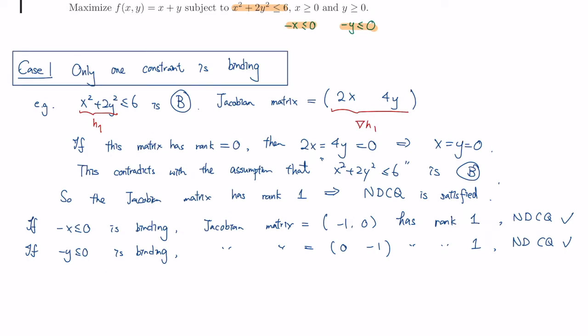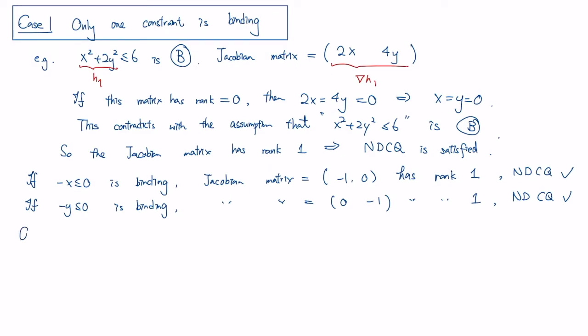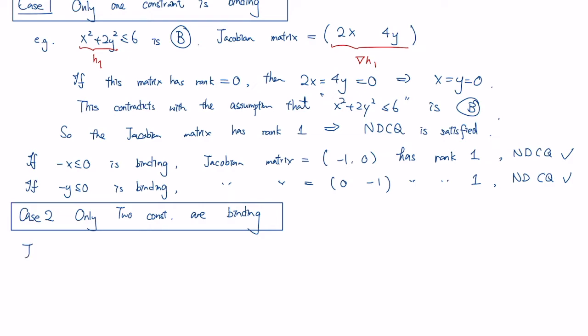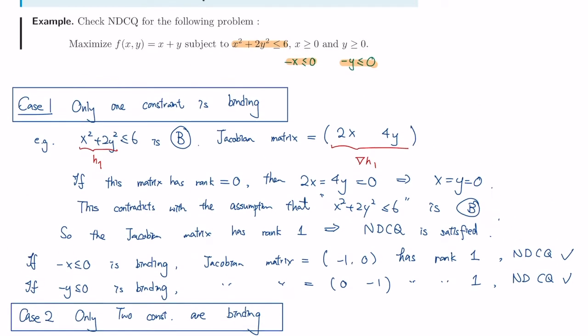And then the next case is when exactly two constraints are binding. If it's these two that are binding, then the Jacobian matrix is formed by the gradient of h1 and also the gradient of this one.